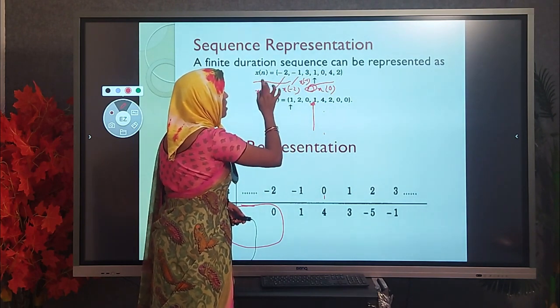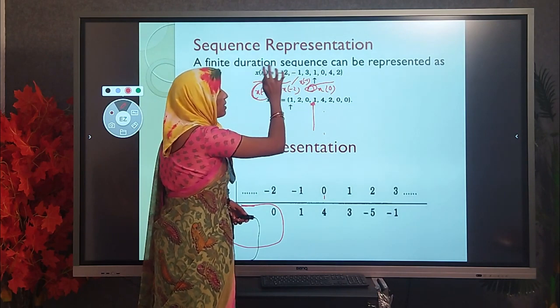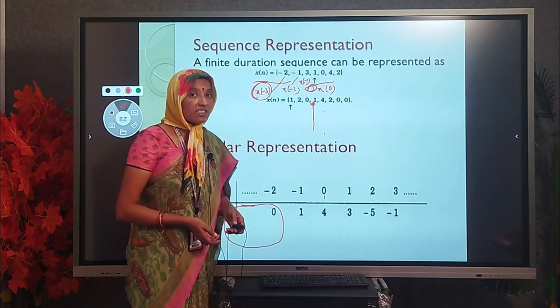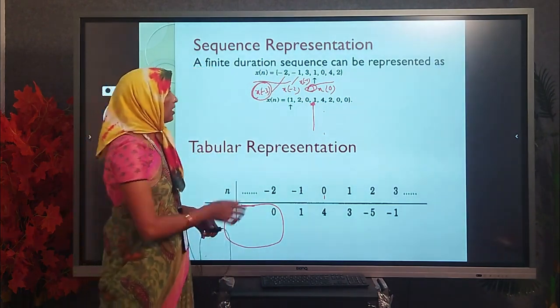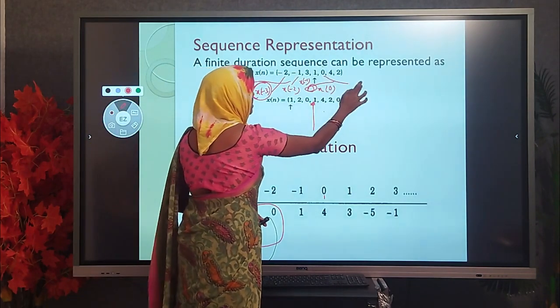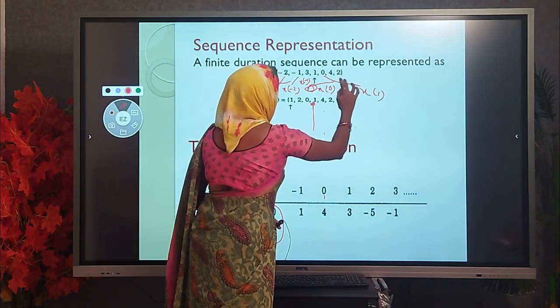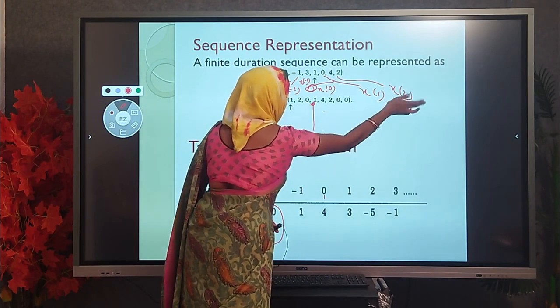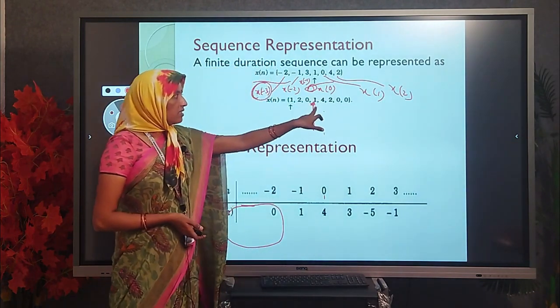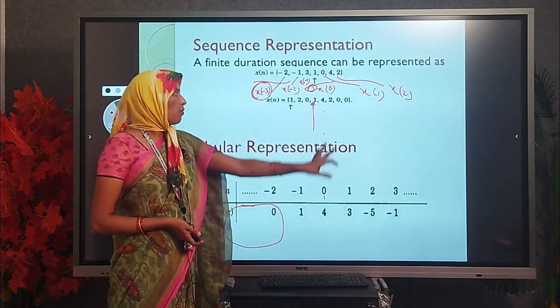So this is the starting position of this particular sequence. X of -3 is the starting sample. Now similarly towards the right hand side, this is x of 1 and this is x of 2 and so on. So the origin is represented with the arrow mark.